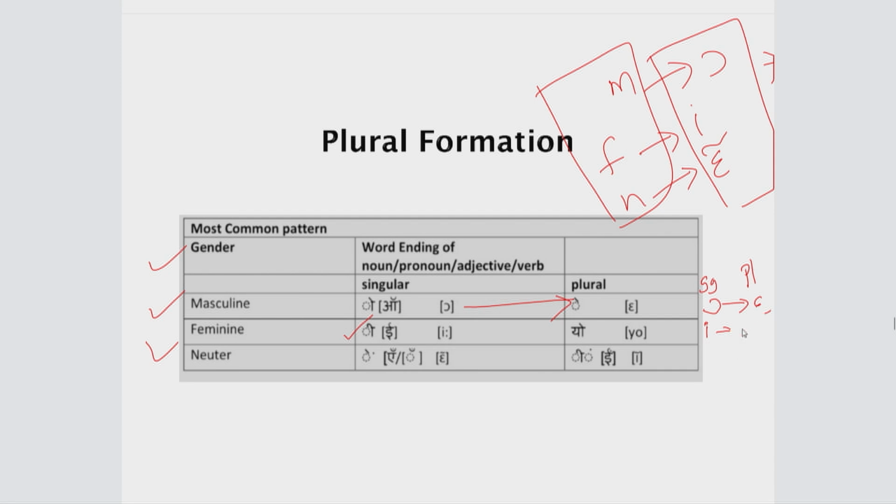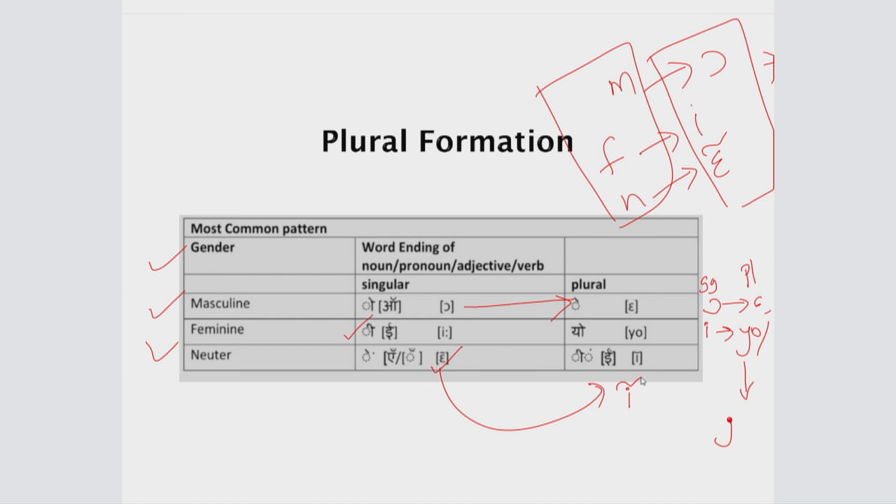In the IPA, ya is mostly written with J, because it is a palatal sound. However, I have used Y because it is a more common Roman letter. For neuter nouns, the most common ending of words is A. In the plural, it becomes E, with an anuswara or nasalization.